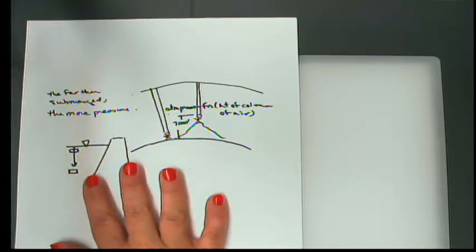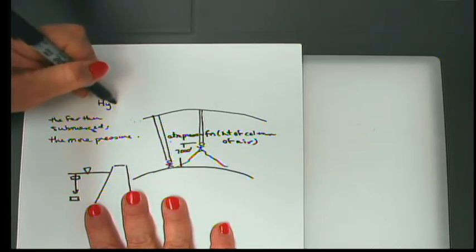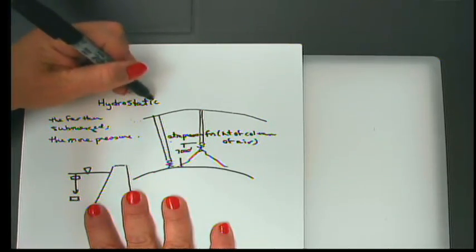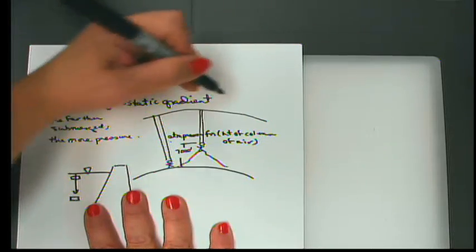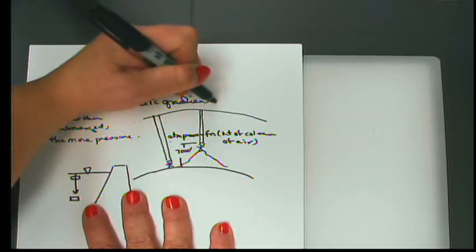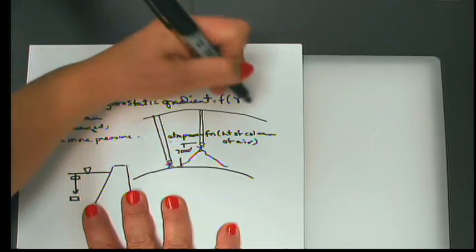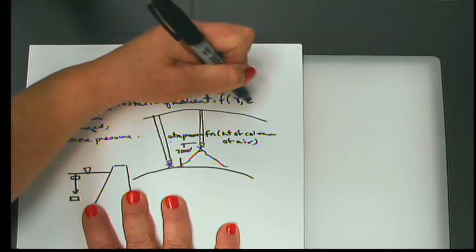We'll talk about this a little bit more in just a minute, but when we're talking about water, that's referred to as the hydrostatic gradient. Okay, and obviously it's going to be a function of the specific weight of the fluid, and it's also going to be a function of the depth of submersion.